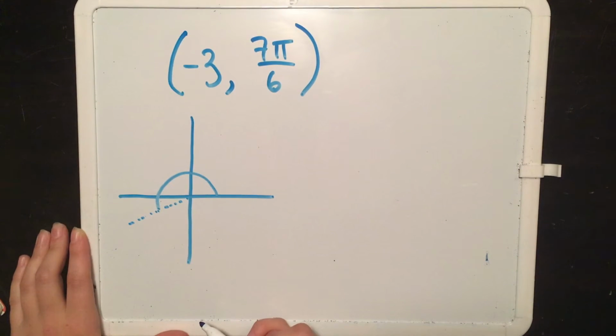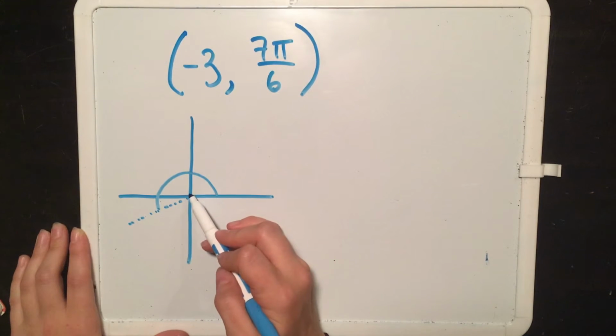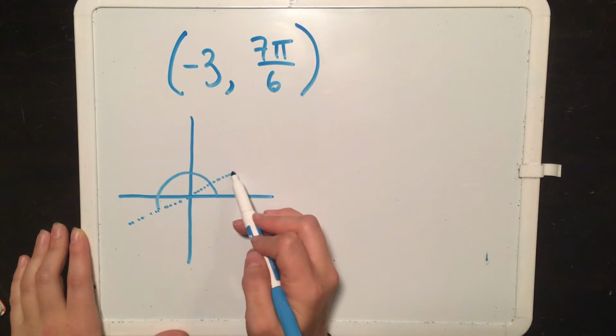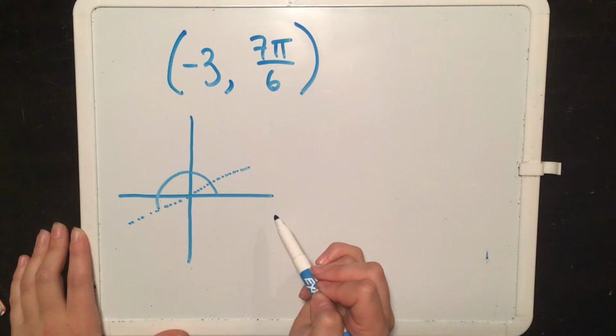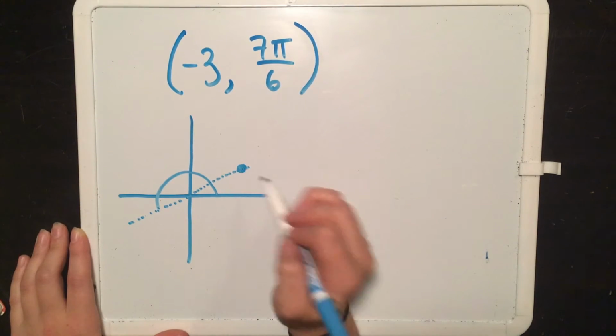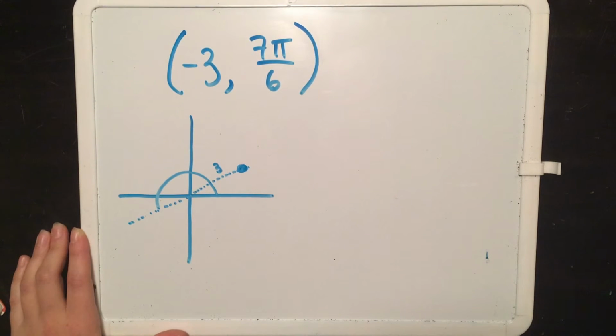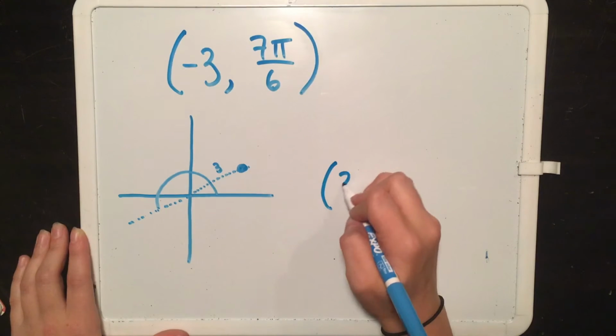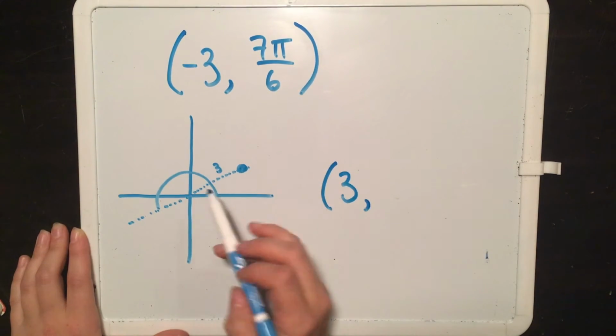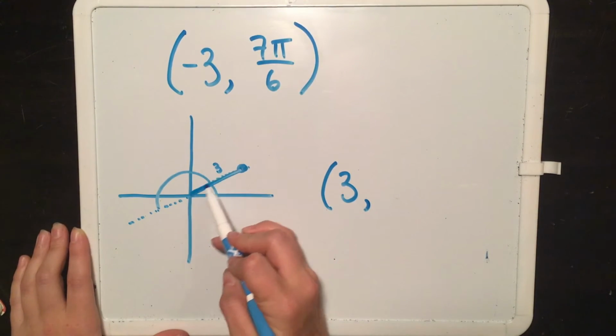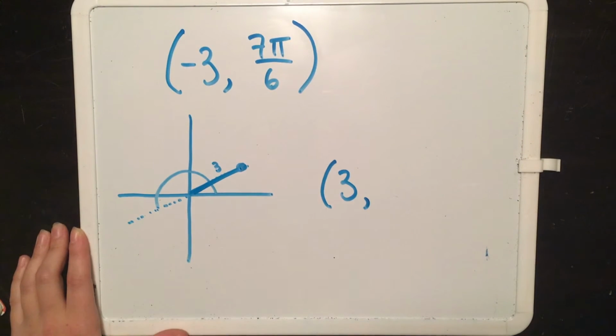But the -3 will shoot our radius back 180 degrees in the other direction. So our coordinate point lies in the first quadrant, and we need to find a coterminal coordinate with a positive radius. So we just have to find out what angle is over here, 180 degrees in the other direction.